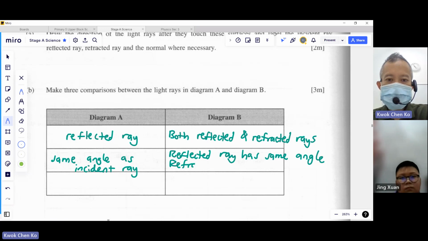Okay, for diagram B, of course, your reflected ray has the same angle, while the refracted one has a smaller angle.